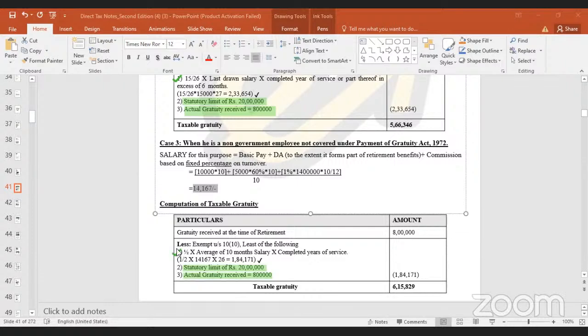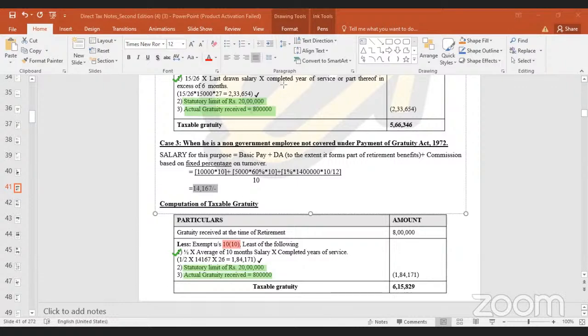First one, half into average of 10 months' salary into completed years of service. This criterion is going to change. So the gratuity received is 8 lakh, which is exempted under section 10(10). Remember this, the exemption section is 10(10). The 10(10) is going to differ for a non-government employee covered in the POGA and a non-government employee not covered in the POGA.